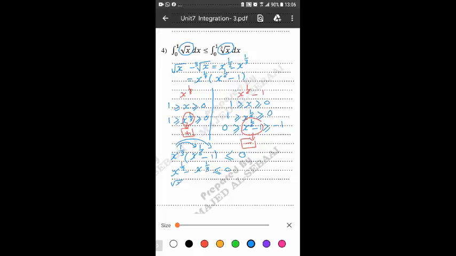So root x minus cube root of x is less than or equal to 0. Take this to the other side. So root x is less than or equal to cube root of x. So this function is less than this. So the integration from 0 to 1 of root x dx is less than or equal to the integration from 0 to 1 of cube root of x dx. Proved.